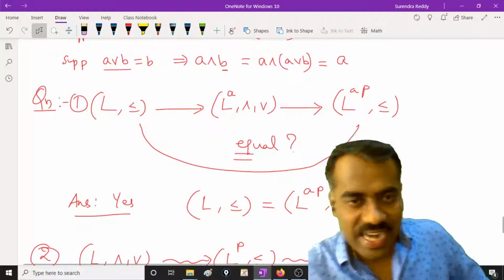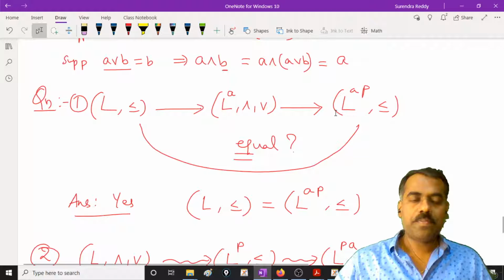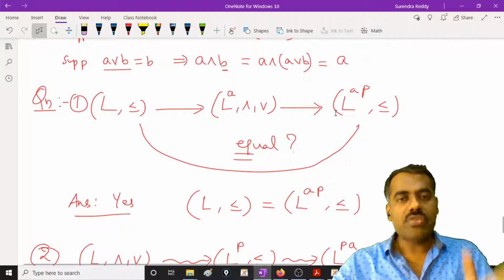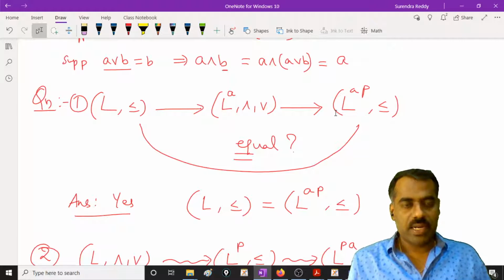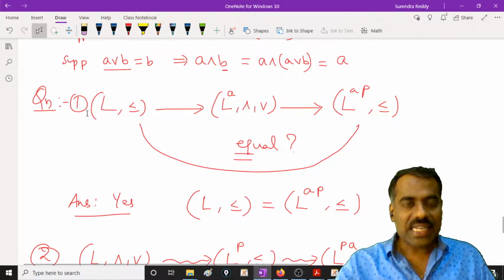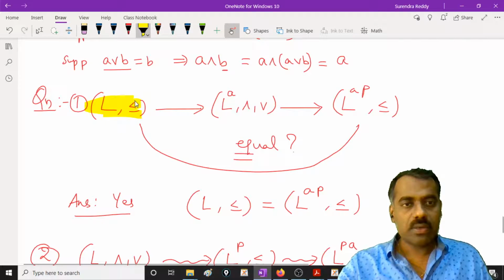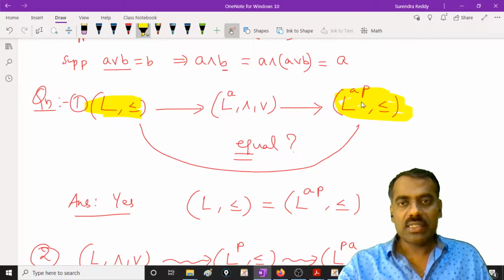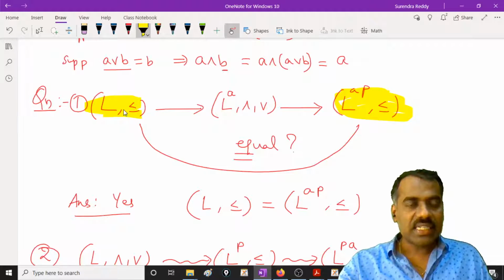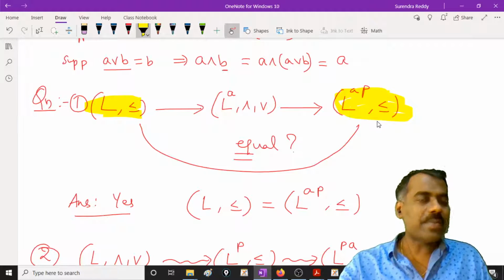It is about understanding things. How the relations are defined is most important. If I want to show that this one and this one are both the same, what is the meaning of that? Whatever relation is here, that relation should be the same here. Is this clear?